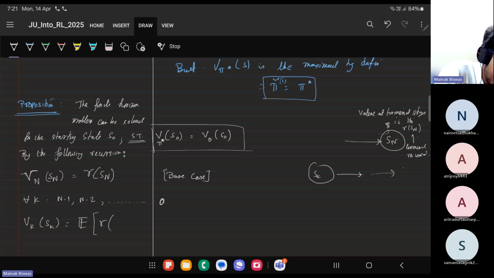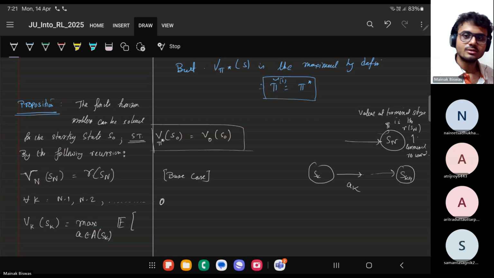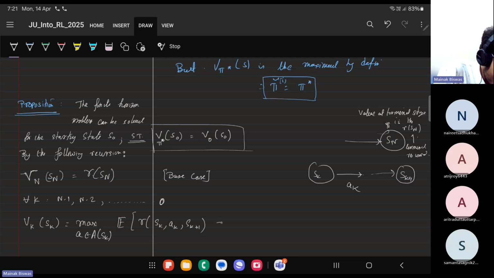It is the max over all the actions ak of the expected value, again a truncated value that we have defined: r of sk, ak, sk plus 1 plus the value function of k plus 1 at sk plus 1, given that sk is equal to small sk.